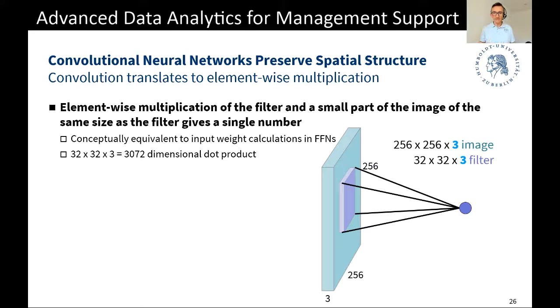You multiply this pairwise, and when you add up the results of these pairwise computations, that gives you one output value. One output value resulting from putting the filter on top of your image at a given position.